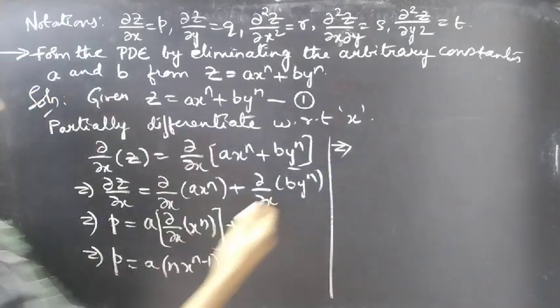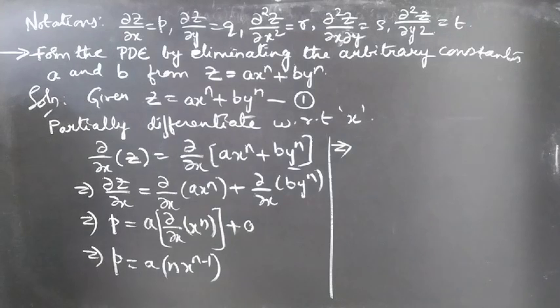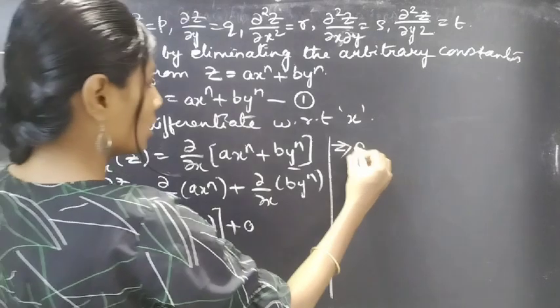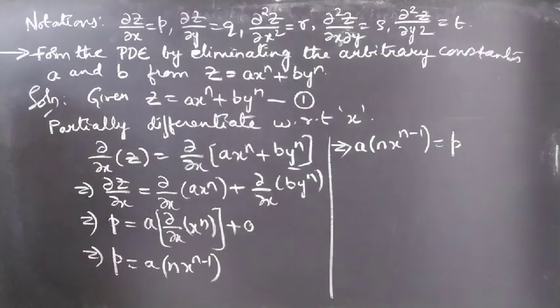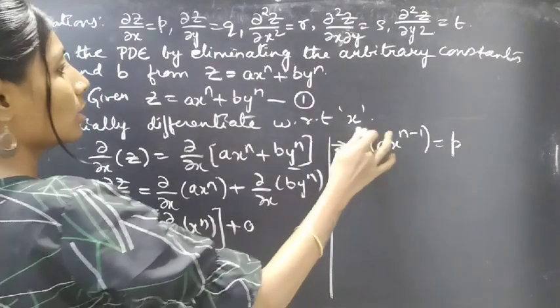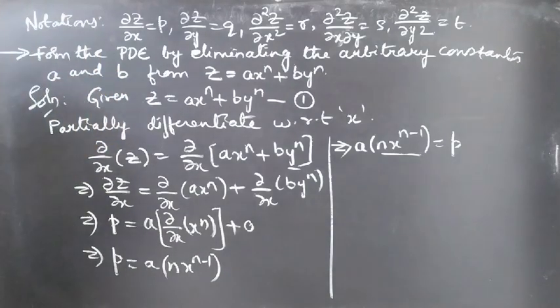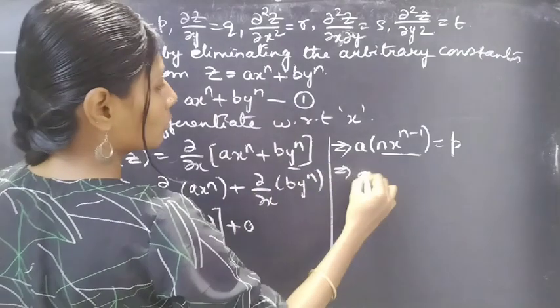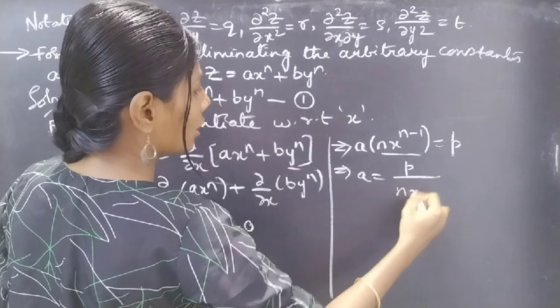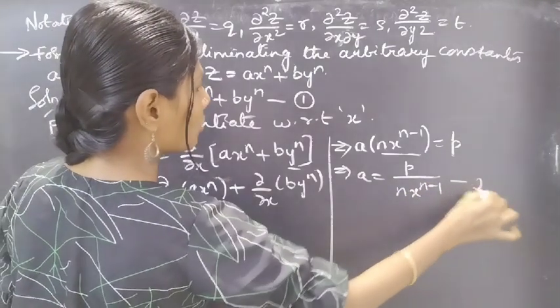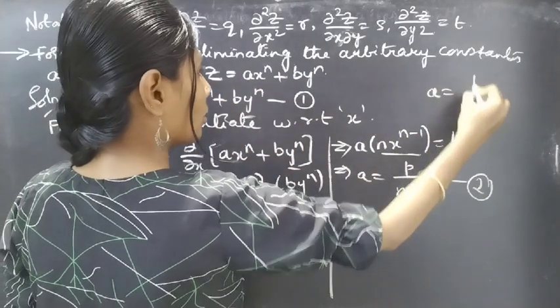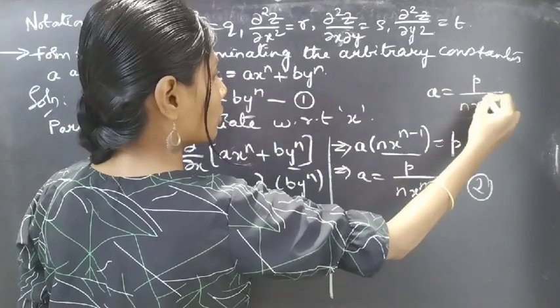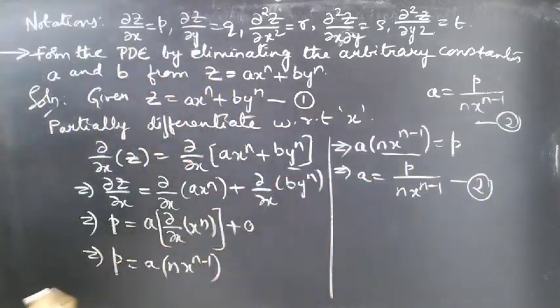So we can write this as a into n x power n minus 1 equal to p. Now take this n x power n minus 1 to the RHS, then we'll get a equal to p by n into x power n minus 1. Consider this as equation 2. Okay, so we got a equal to p by n into x power n minus 1, which we have considered as equation 2.